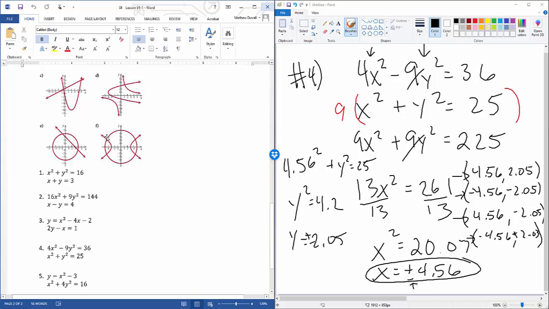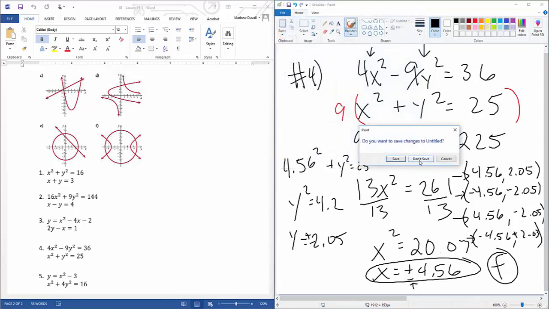Boom, boom, and boom, boom, so it's going to be F. Because those are the dots, right? There's a point right here, 4.5, 2.05, 4.5, negative 2.05, negative 4.5, negative 2.05, negative 4.5, positive 2.05.